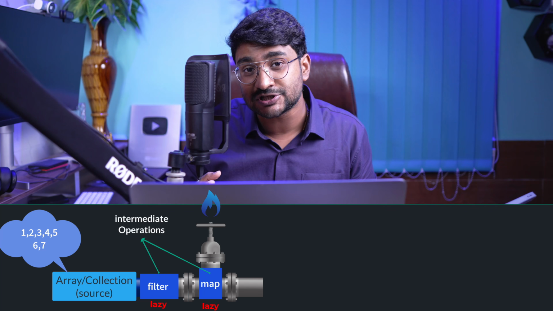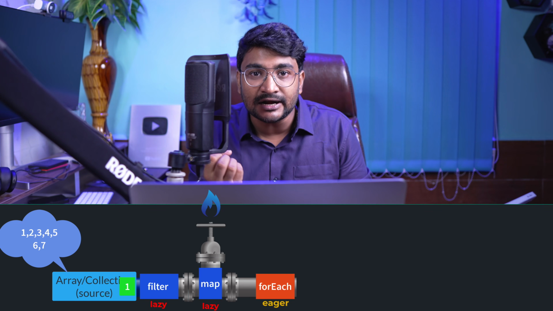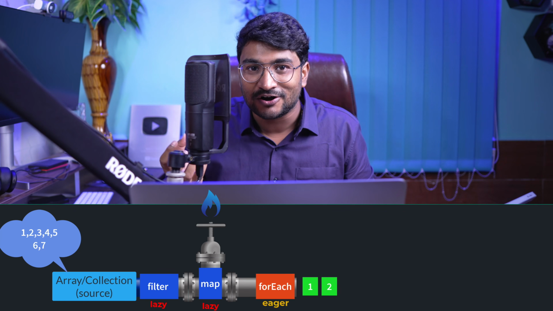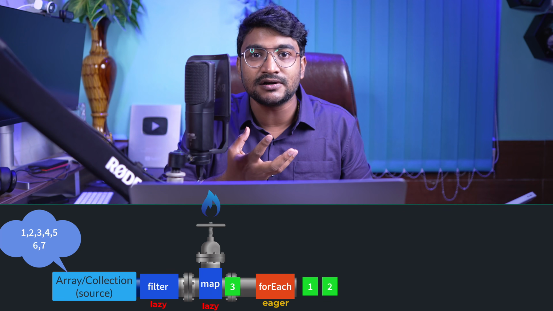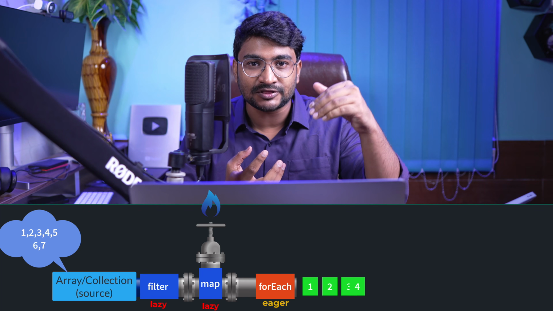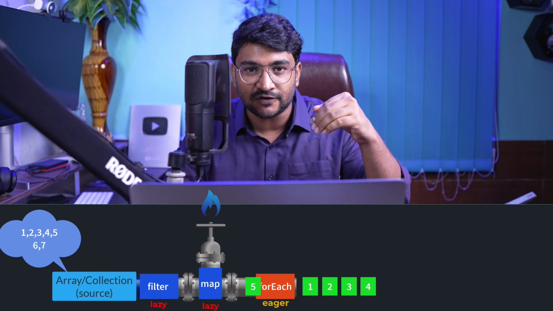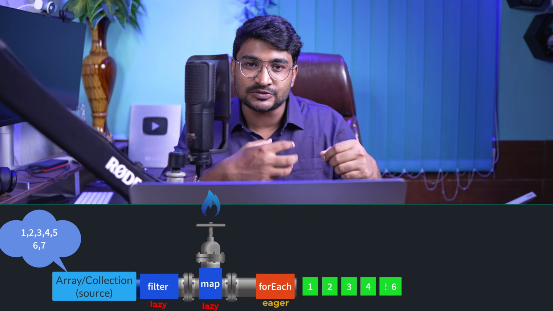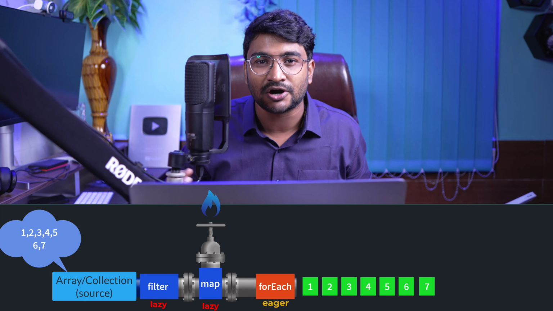The data processing begins, or the stream is triggered, when we use a terminal operation, like forEach. The method like forEach basically triggers the stream. The terminal operations are eager, right? They trigger the stream and the data keeps flowing. The filter method or the map method, the intermediate functions, start doing their work, and then the forEach method produces a result or grabs the result.